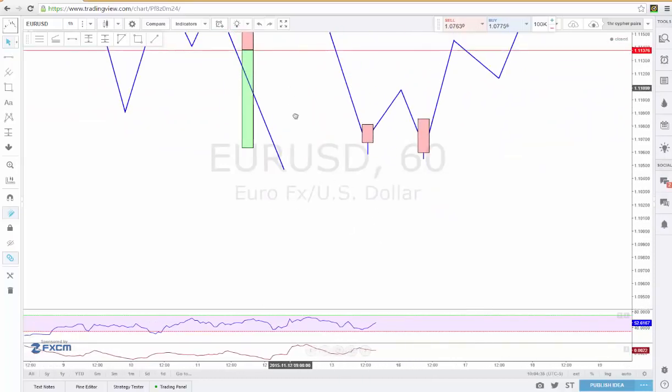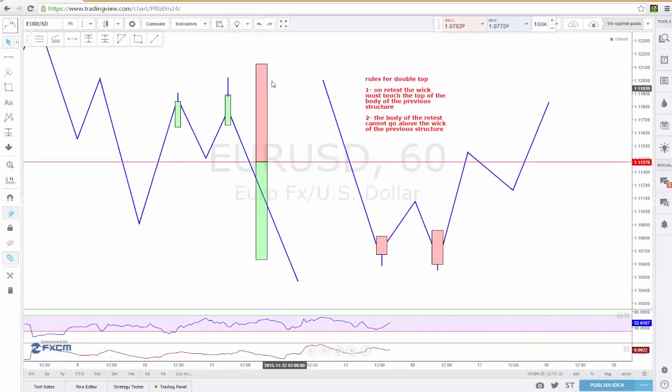Oh, and one more thing about stops and targets. You can take stops higher. You can do 20 pips above the highest high of the double top, or you can do an ATR-based stop. I have an ATR down here. ATR would be 22 above the highest high. You could do a Fibonacci extension or inversion for stop losses, just to give you a few ideas of how you could do this.